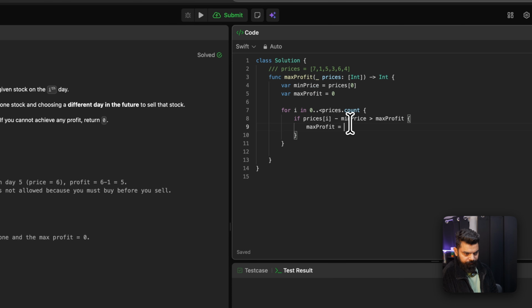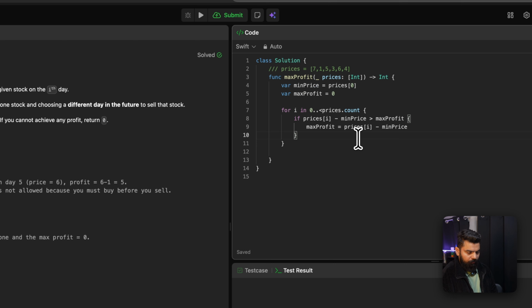Max profit is prices[i] minus min price, because we have to subtract our investment, whatever amount we have invested there, so this is fine.